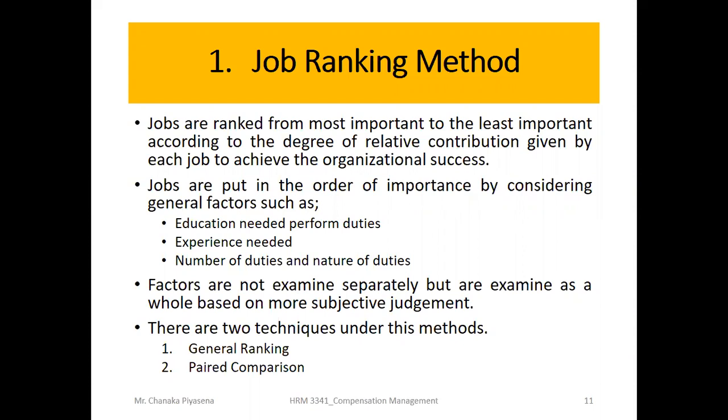Those types of jobs are highly important, most important. Experience needed: some jobs need more experience. Without more experience, those jobs cannot be performed. Those types of jobs are more important than the other jobs.